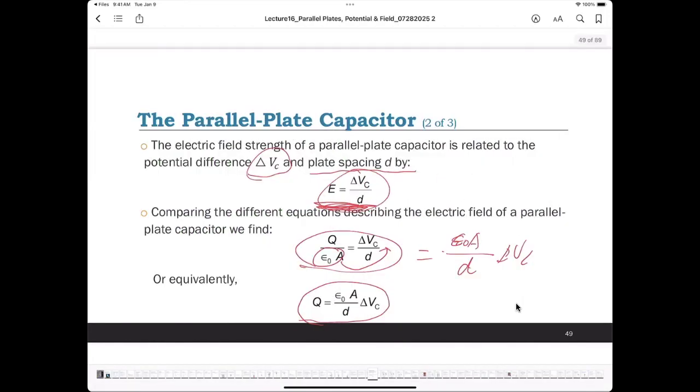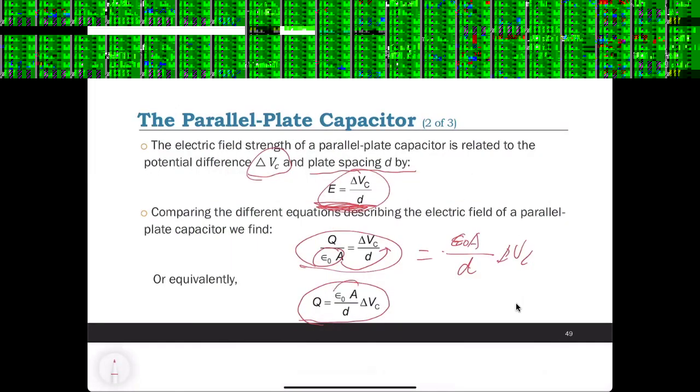Okay. If we compare the previous equation to the definition of the capacitance, we see the capacitance of the parallel plate capacitor is, because we know Q equals C delta V. Am I right? So C equals Q over delta V. And here you can see Q equals this part. So you just put it in, and C equals, you know Q equals what?